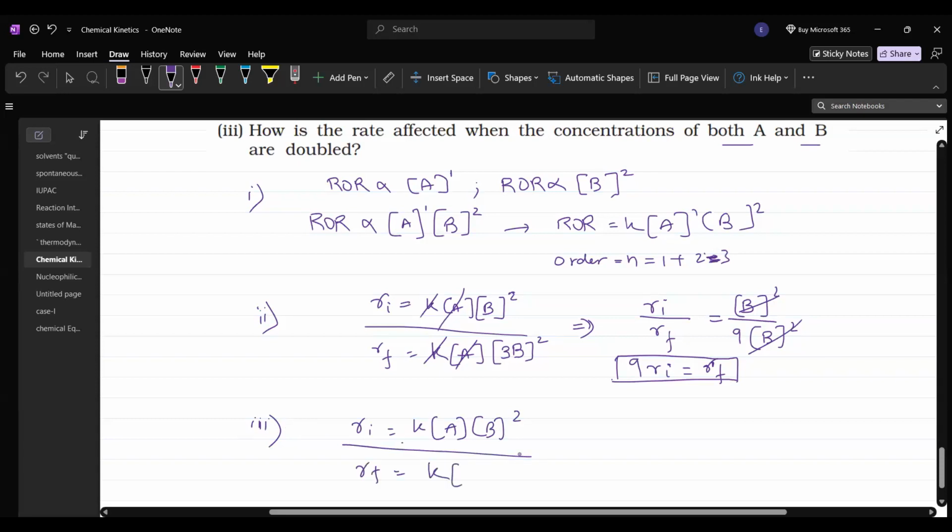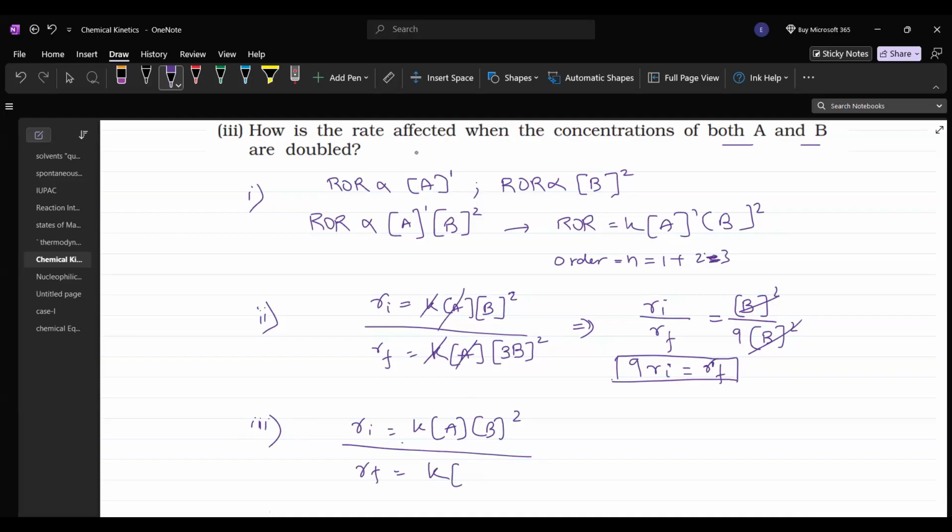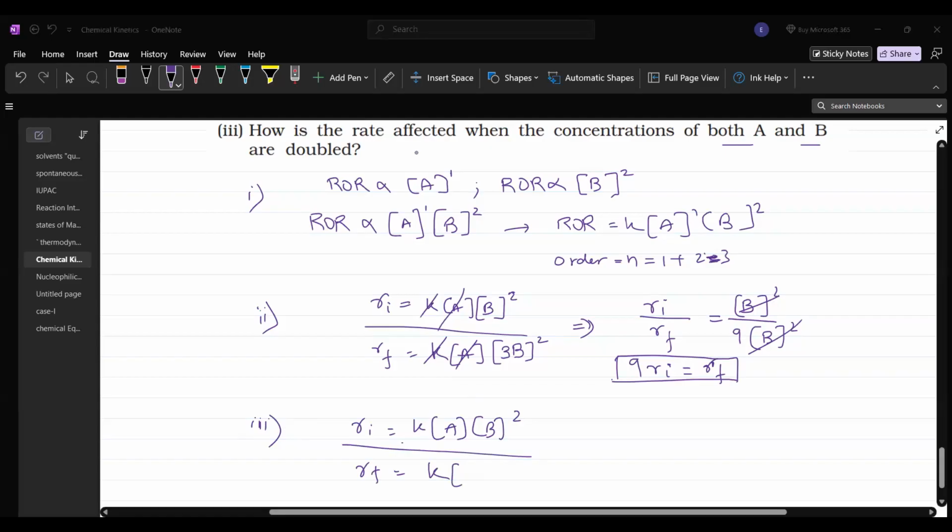A times. What we will write here in place of A? A is becoming 2A. Yes, 2A and 2B. It is becoming 2B, but it has a square on it.